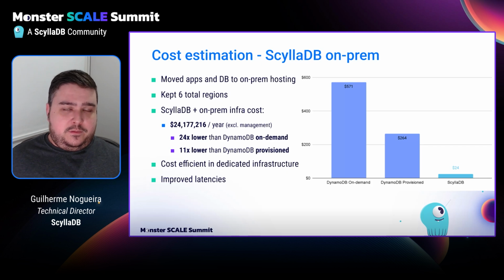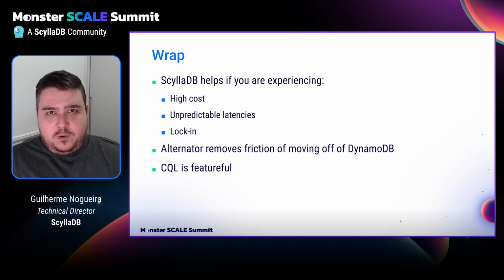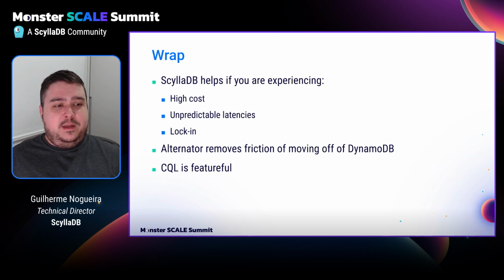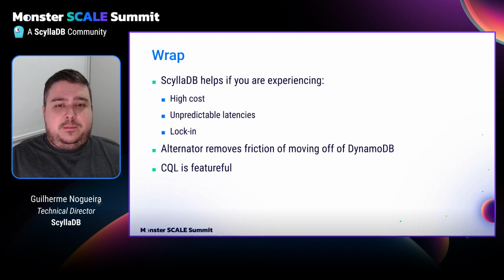To wrap it all up, Scylla can help you if you're experiencing high cost, unpredictable latencies, and locking on Dynamo, and if you need to move to any cloud or on-prem. DynamoDB can have its upsides. It's really easy to get started, but it usually ends up hurting users that are running it at scale.